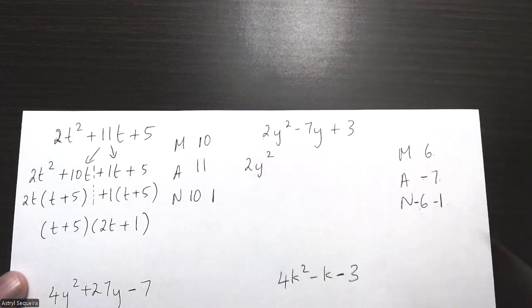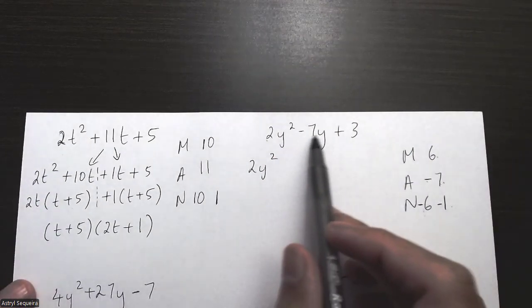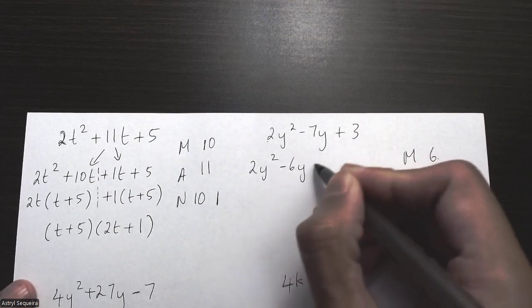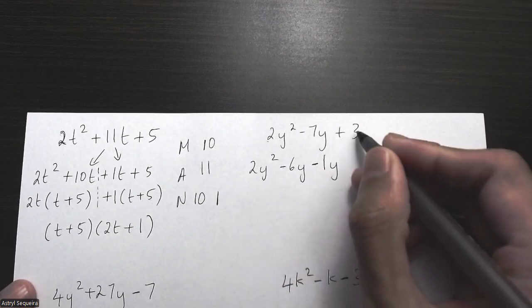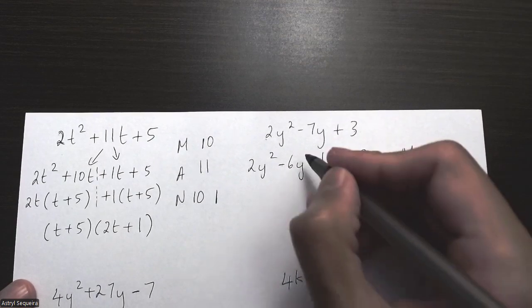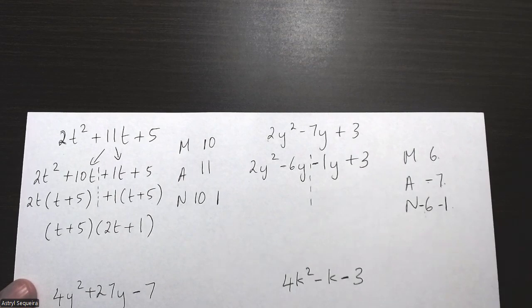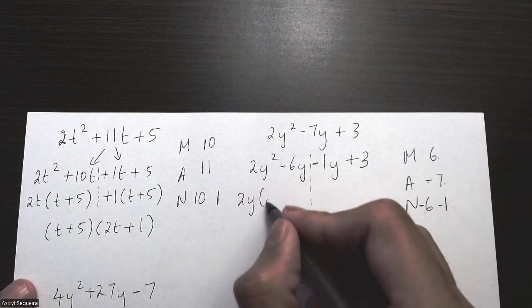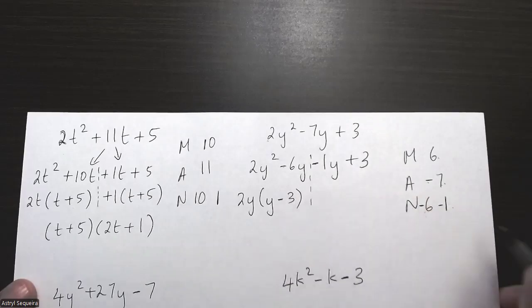I can break it down over there. So 2y squared, I'll write the same. -7y, I'll break into my two numbers, which is -6y minus 1y, and then plus 3. I'll write the same. I'll split it down the middle. A common factor for these two is 2y, and I'm left with y minus 3.